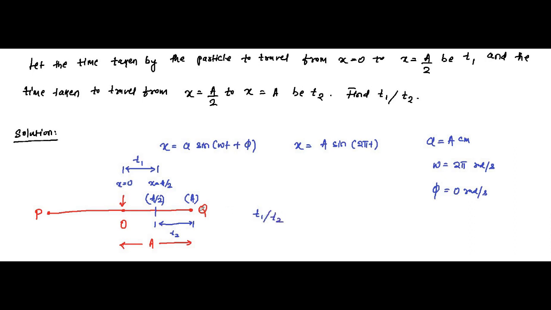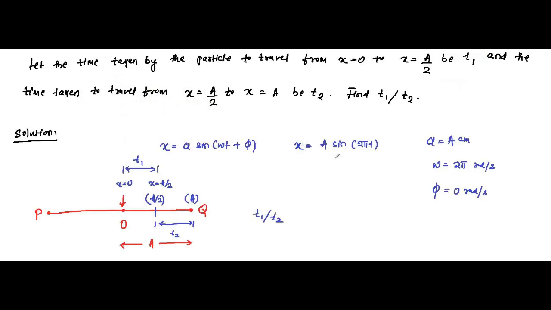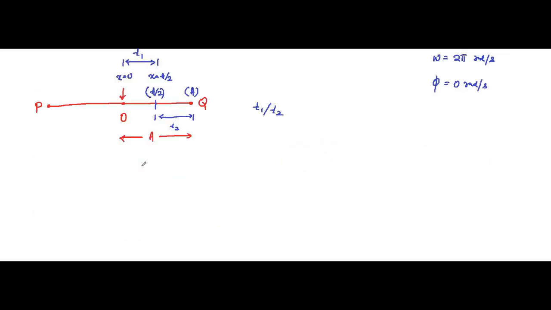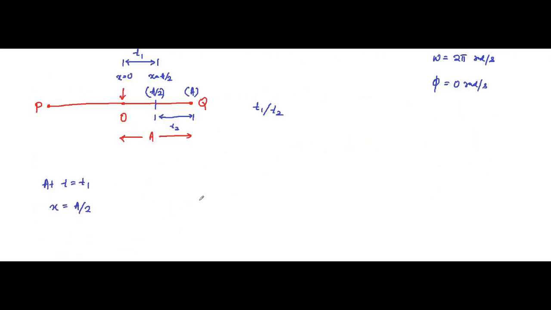Okay, so we will make some substitutions in this given equation. At time t equals t1, the particle has reached half of its amplitude, so x is equal to A by 2. Substituting t with t1, A by 2 is equal to A sine 2 pi t1.